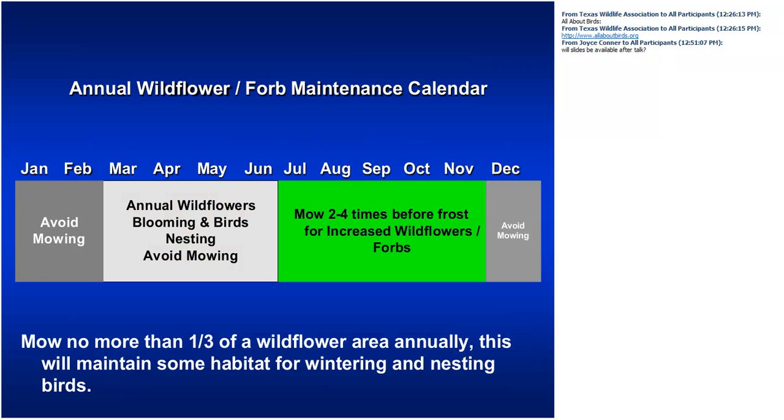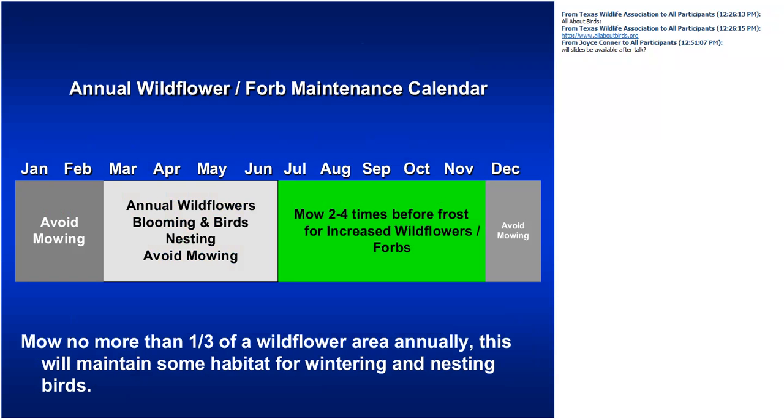So we're talking about late June, early July, maybe even after the 4th of July. And then after those forbs have gone to seed, they begin mowing, and they mow 2, 3, 4 times before the dormant season, and then they stop. During the winter, they don't do any mowing.